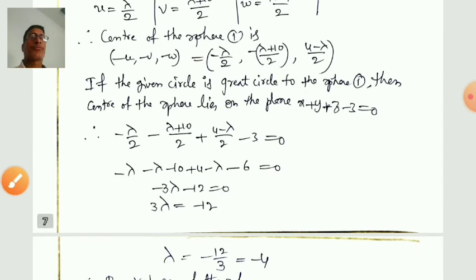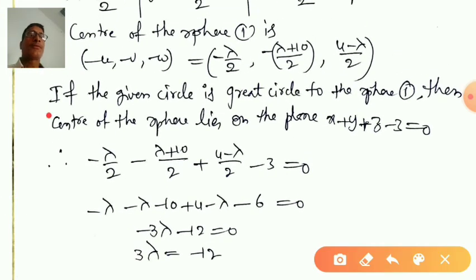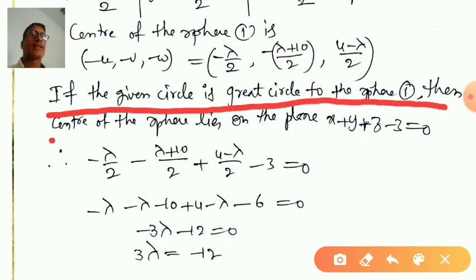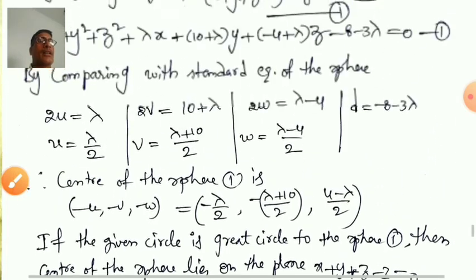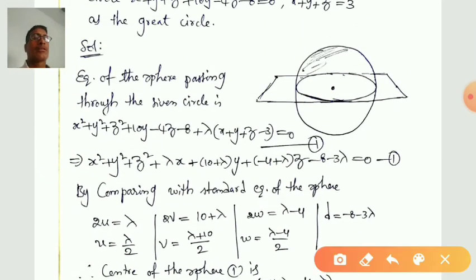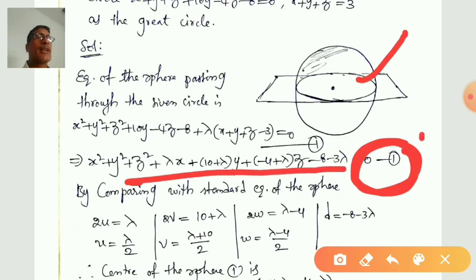See this, by reading this we can understand. If the given circle is a great circle to the sphere 1, then the center of the sphere lies on the plane x plus y plus z minus 3 is equal to 0. Obviously the center of the sphere satisfies the equation of this plane.